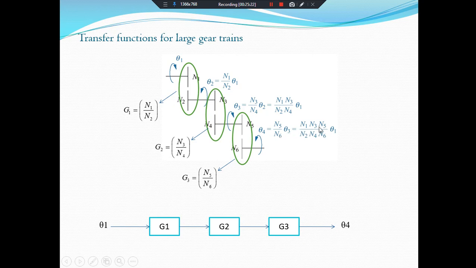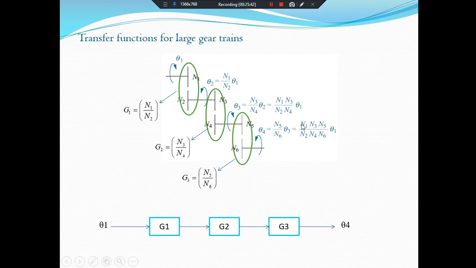Theta 4 is equal to the number of teeth n1, n3, n5 by n2, n4, n6 into theta 1. Clear that output angular displacement is written in terms of input angular displacement.